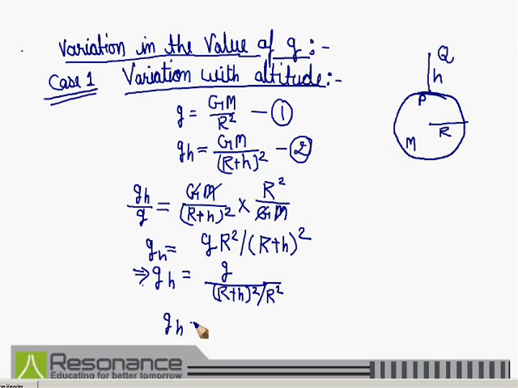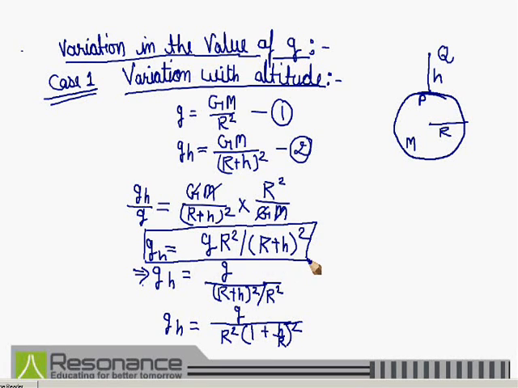Now, gh equals g upon [1 plus h upon R] whole square. So, this is the expression of acceleration due to gravity at any point h above the Earth's surface.